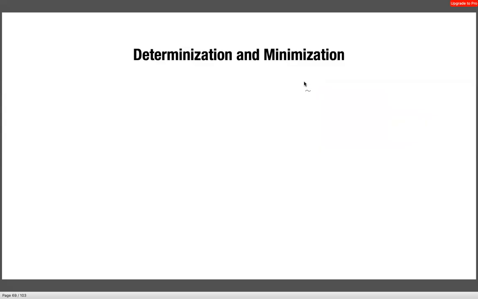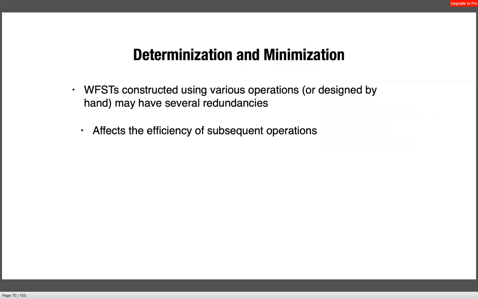Now let's move on to two other very important algorithms, which are determinization and minimization. We'll go over these in sequence. WFSTs are constructed using various operations. We've already seen composition, which allows us to design complex FSTs by combining simple FSTs. We also saw rational operations, which allow us to do the same.